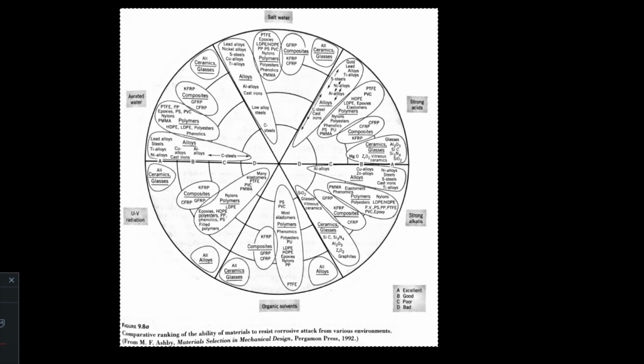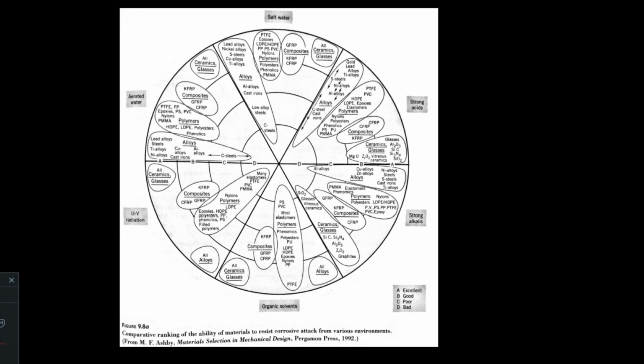So we can take a look at how certain materials behave in different corrosive environments, and this is a chart from your book. It shows the material in the center and the corrosive environment around the ring, and it ranks the resistance of corrosion from A to D. Materials in the A category have good corrosive resistance to that environment.